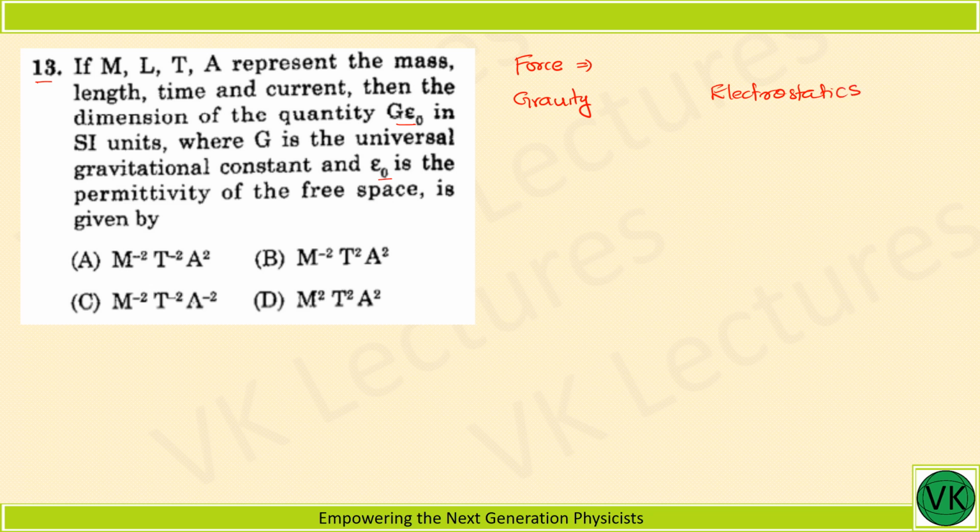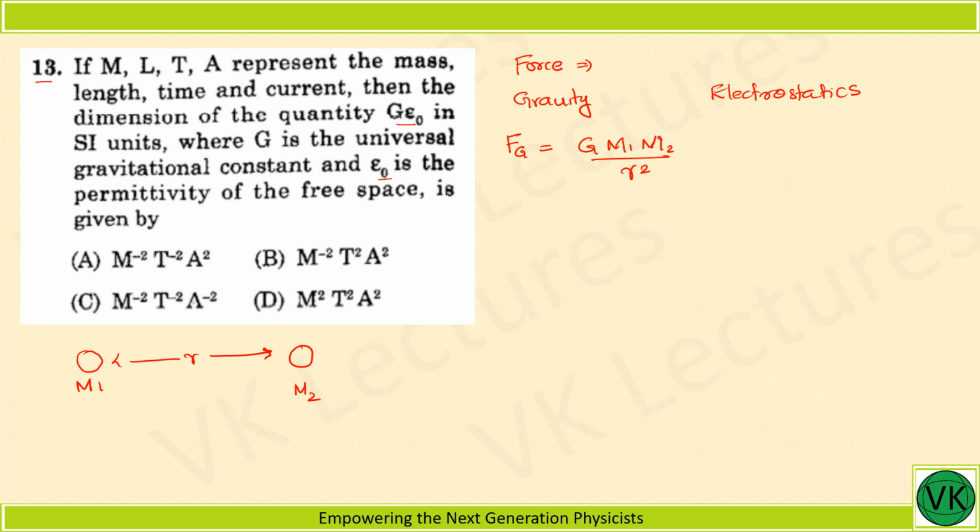Now due to gravity, Fg, let us write it as G m1 m2 by r squared. Now what is this G m1 m2 by r squared? Suppose we have two particles of mass m1 and m2 separated by some distance r, then the gravitational force between them is given by G m1 m2 by r squared.